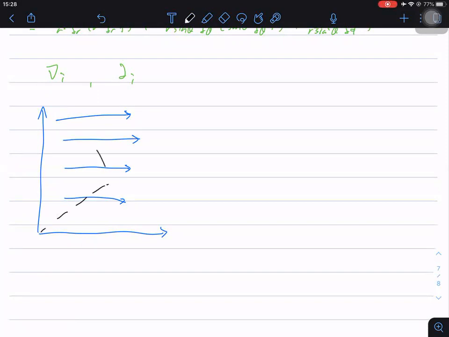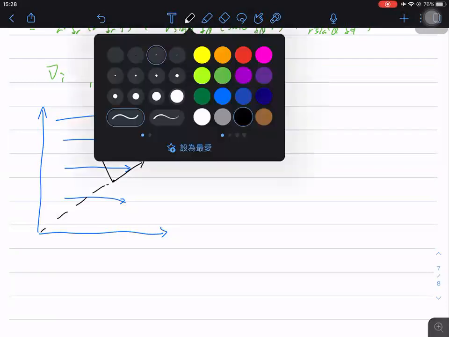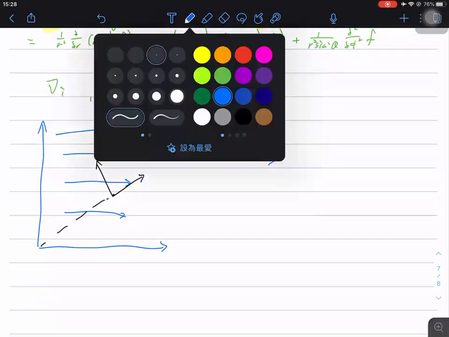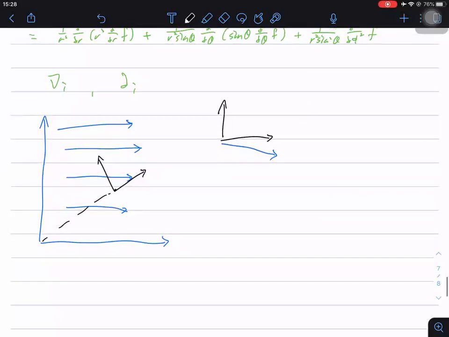But if we are using polar coordinate or spherical coordinate, okay, that case should be polar coordinate. If we are using polar coordinate, the coordinate basis itself is something like this. So let's say at this point, if we are located at this point using the polar coordinate, the vector should look something like this. When we take a derivative, we have to consider the change of the vector field in the neighbor point, the neighbor observer.